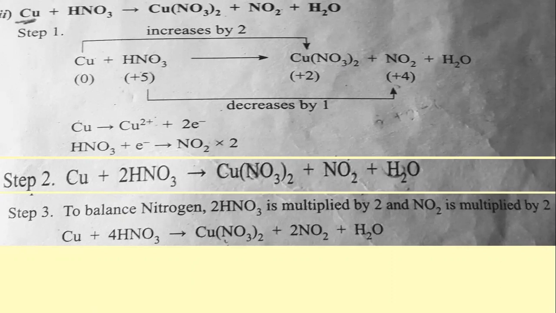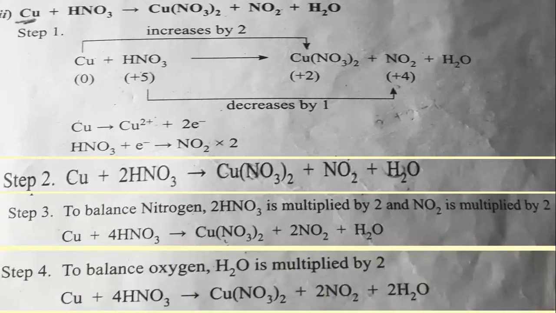So now you see 4 nitrogen in the reactant side, whereas in the product side 2 nitrogen plus 2 nitrogen, so totally 4 nitrogen. And next in the last step we have to balance the oxygen and then hydrogen, and also we have to check whether everything will get balanced.